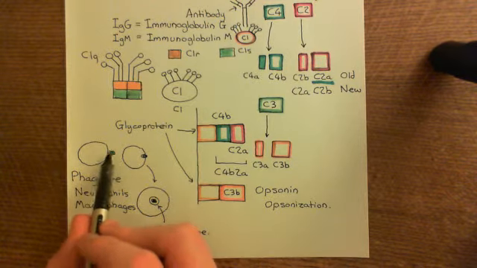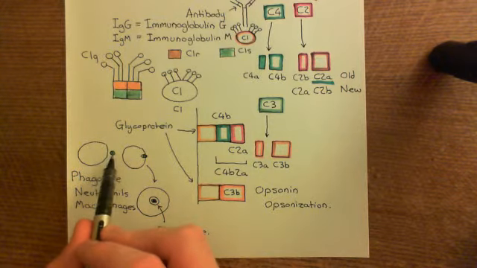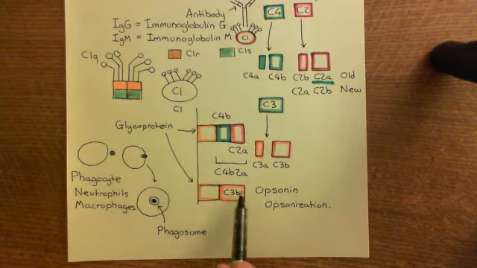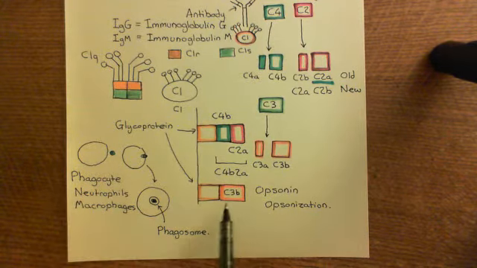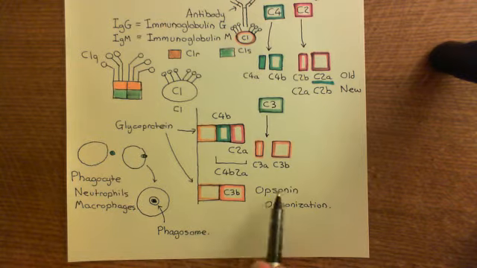If it finds C3b on the surface of the bacterium, it will be more likely to phagocytose it than if there is no C3b. So it's kind of a sign that says, look at me, I need to be eaten. It's often compared to making the bacterium more tasty. That's where this word opsonization comes from.